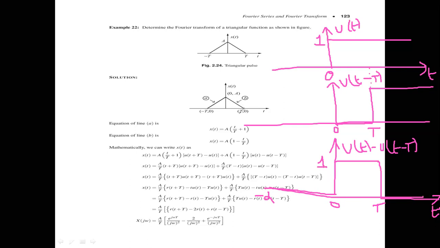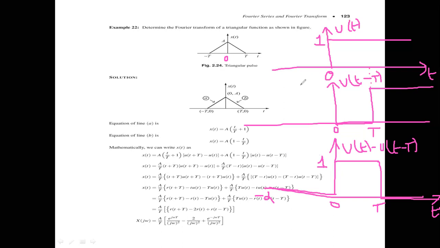So the slope is also in 0 to T only, and previously the slope was in minus T to 0. For this, we are multiplying mu of t minus mu of t minus T with the slope line equation, A into (1 minus t by T), my dear students.